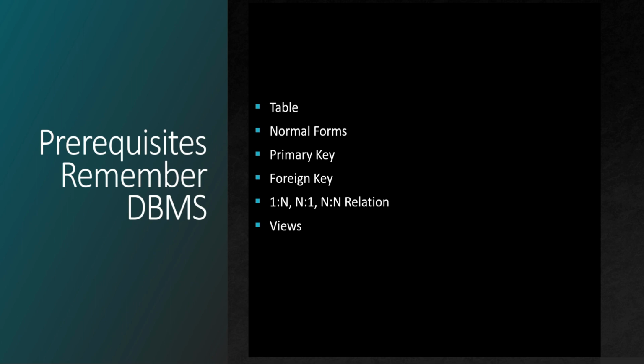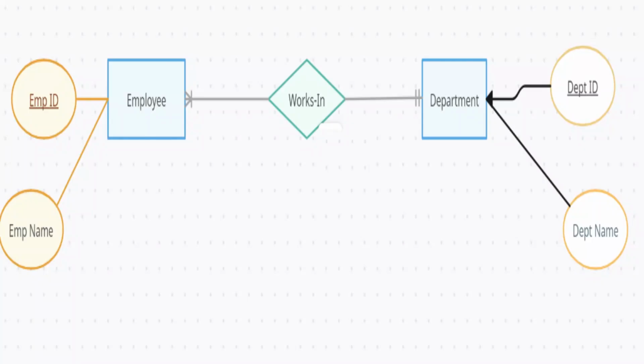As I was telling you about foreign key, there is a relation between two tables. Example, employee and the department. So what I said, one employee can be part of one department. All right. But in one department, there can be many employees. Correct?